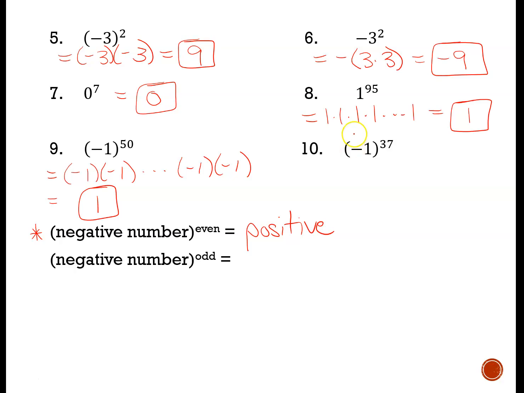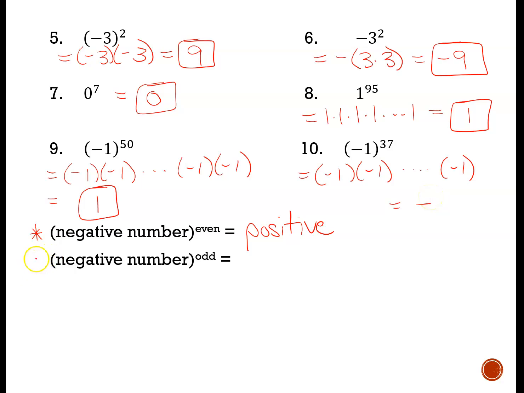Now number 10, we do have the parentheses, but we have an odd exponent. So if we were to write out the negative ones, and we start pairing them up, since there's an odd number, there will be a negative left, causing our answer to be negative. So that goes here.